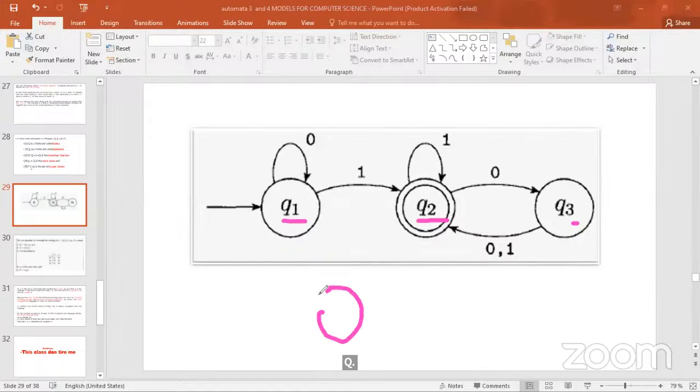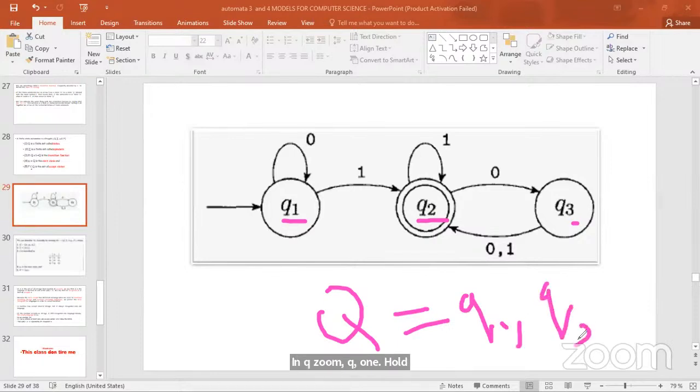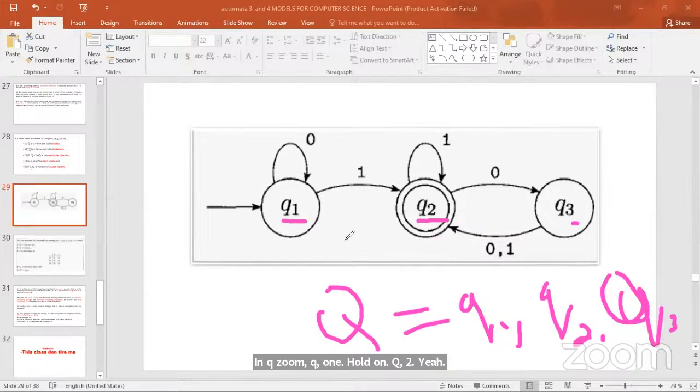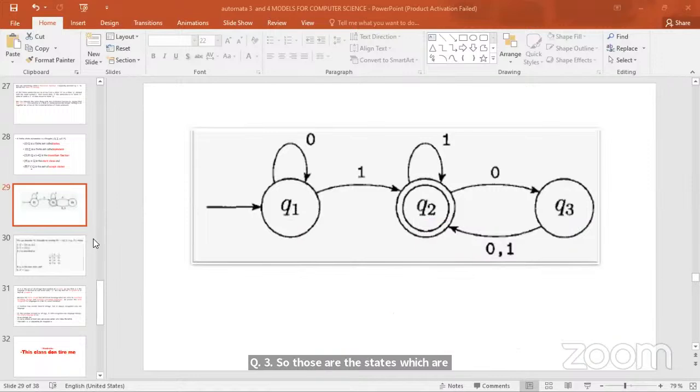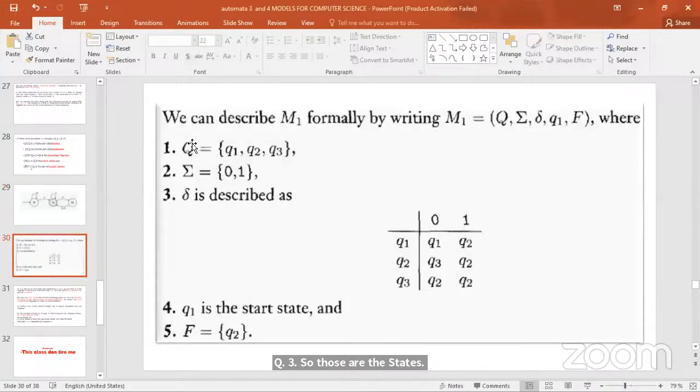So they are all the states in Q. Any of this Q can represent any of these. The symbols in the string, or the alphabet, are just 0 or 1.